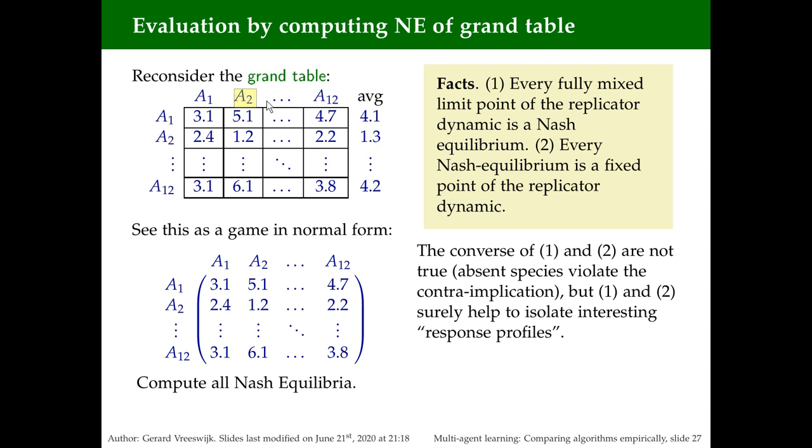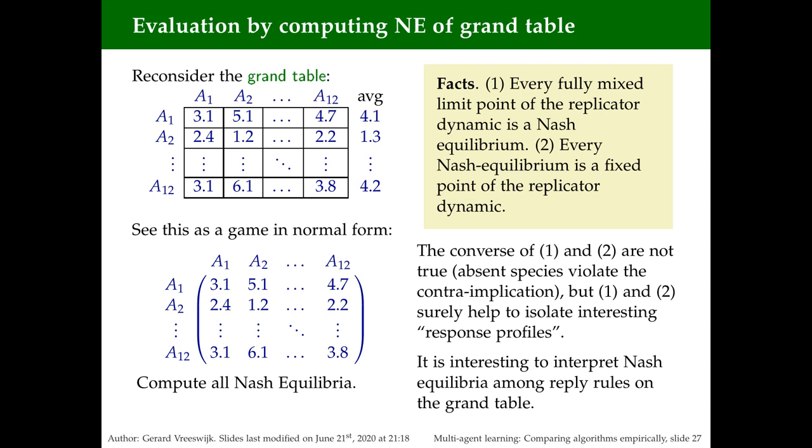among those algorithm combinations. So what I want to convey here is that it is interesting to interpret Nash equilibria on the grand table as outcomes of a comparison between those algorithms.